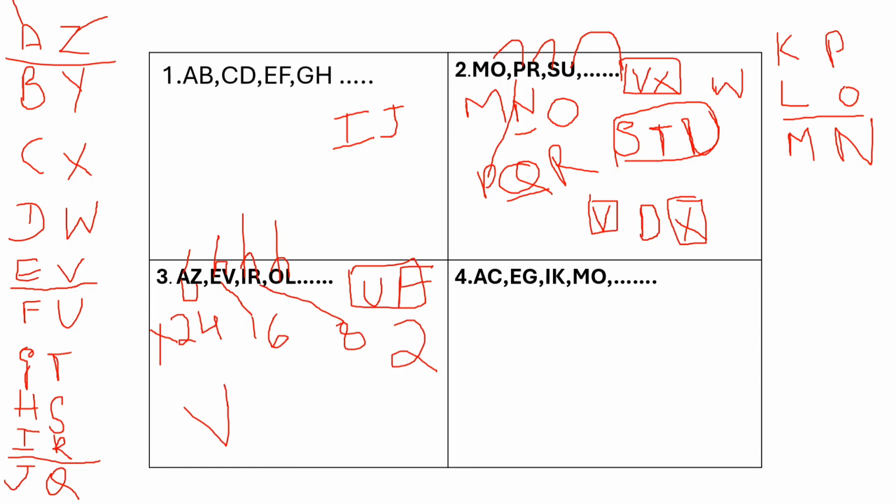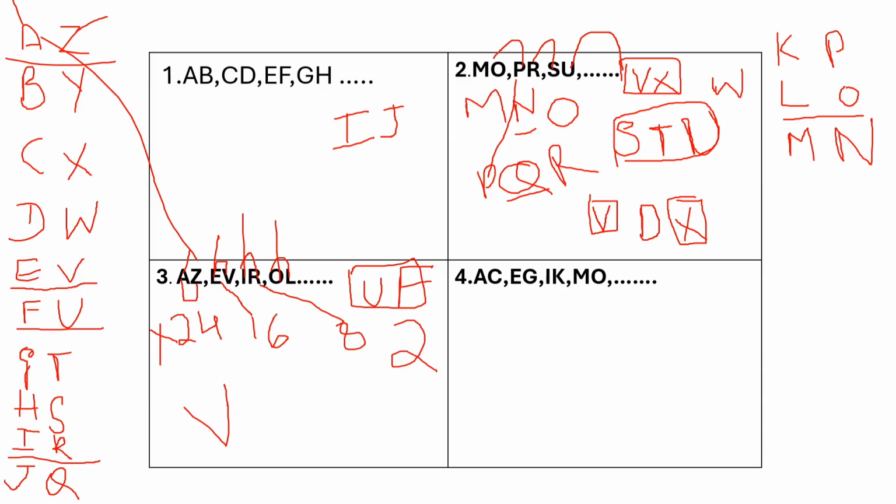For example, A is first in alphabetical order, so Z, in reverse order, will come at the end. Here U, while writing in reverse order, will come to the place of F. So we have written F here.